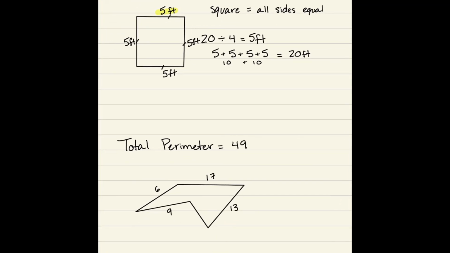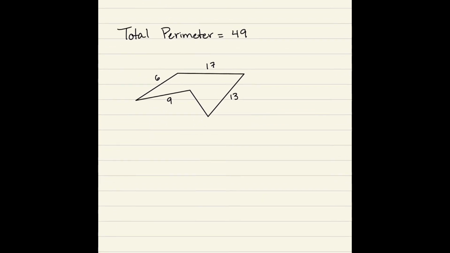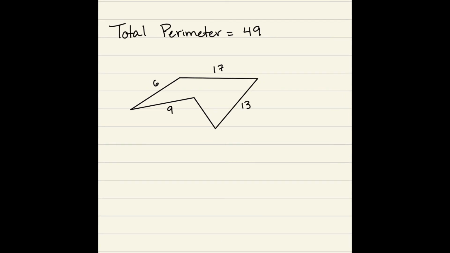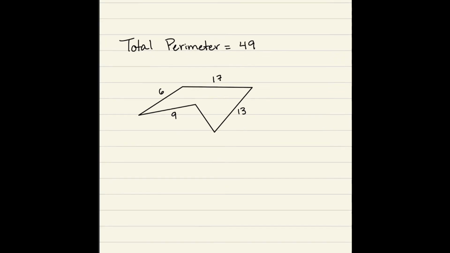Great. Now, because we know all of this already, we can do another wacky problem like this one right here. So this shape, it is a polygon, but it's not a shape that we've seen before. And we could, in the future, split it up into different shapes that we might know how to find the area of. But for now, let's keep it as it is.